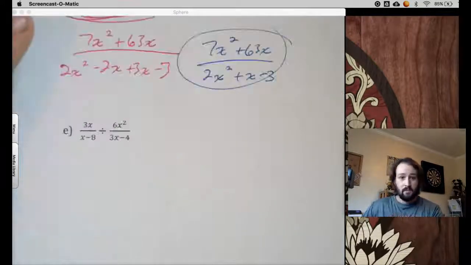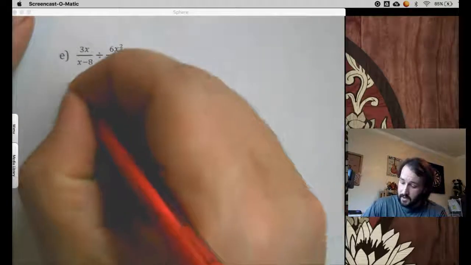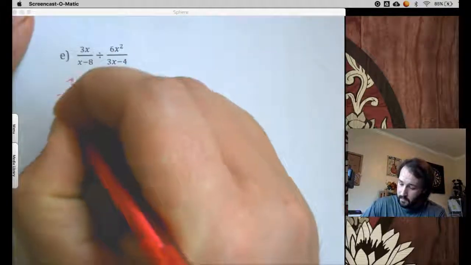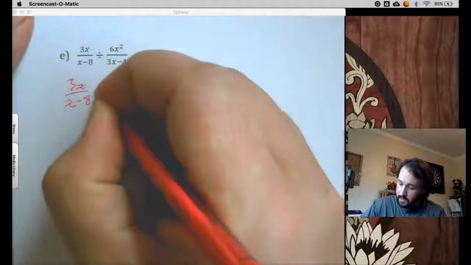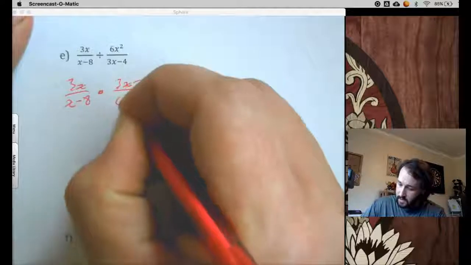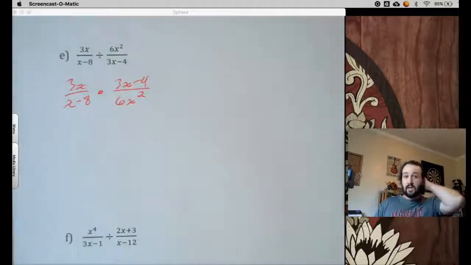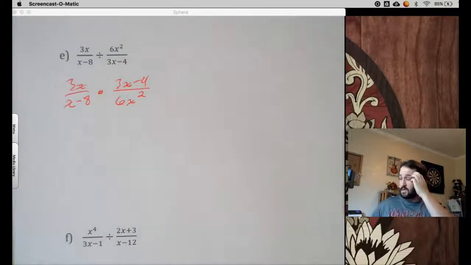All right, moving on. So I have 3x over x minus 8, so I'll keep that the same. And then I'll change this to multiplication now. 3x minus 4 over 6x squared. Now I do see some reduction that I can do, so I'm going to go ahead and reduce those things. See if you see it.